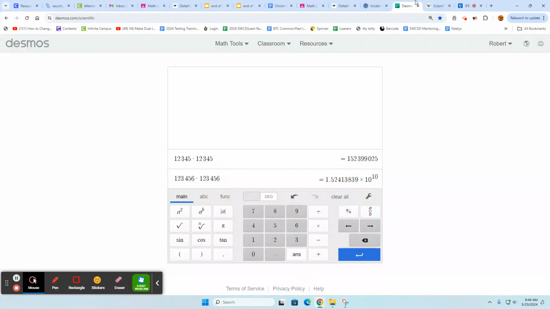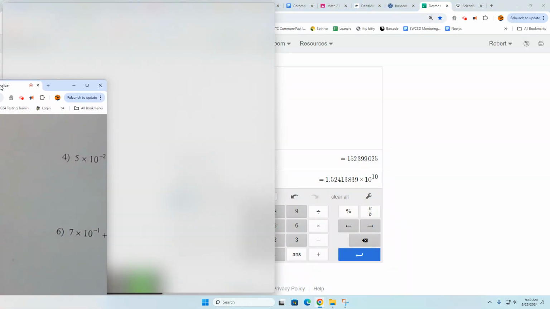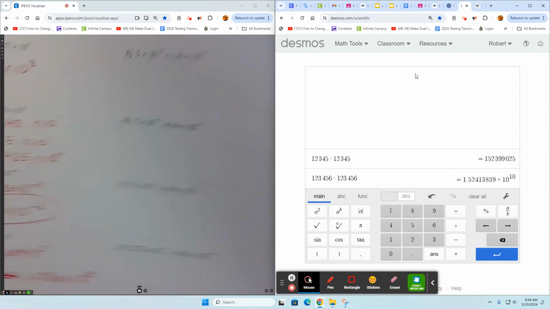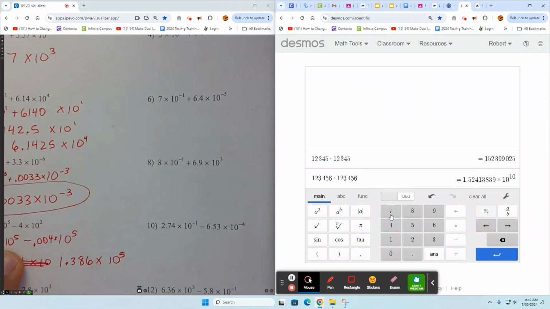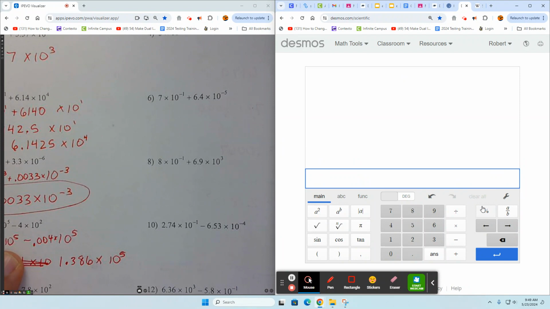So my point, though, with this is if I wanted to do number 9 from my worksheet, I could type in 1.39 times 10 to the 5th. Oh, I got to fix that. Okay. Is there a way to just have it in standard form?